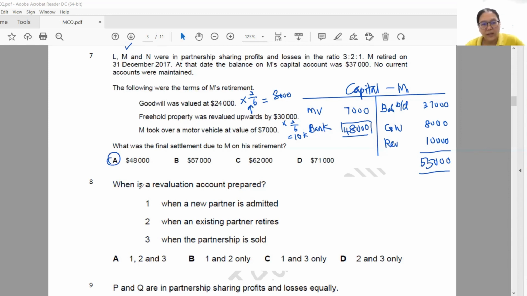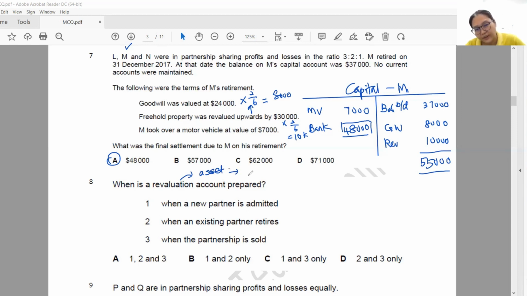Next, where is the revaluation account prepared? When a new partner is admitted, this revaluation normally refers to the assets.